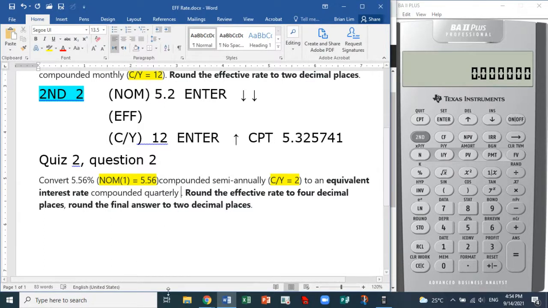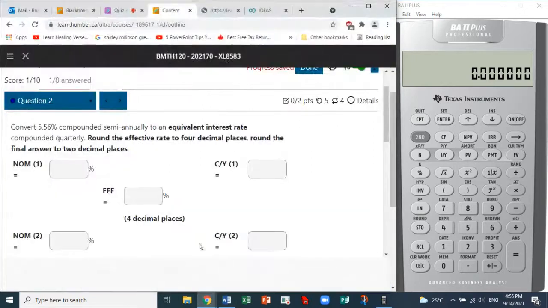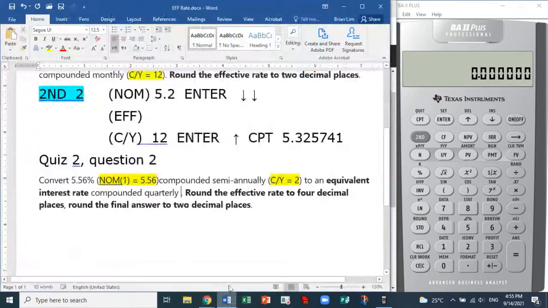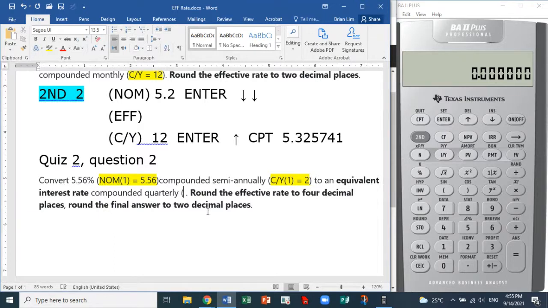So we have here CY1, so these are the 1s and those are the 2s. Let's put in the 1 and compounded quarterly. That would be CY2, and that is equal to 4.